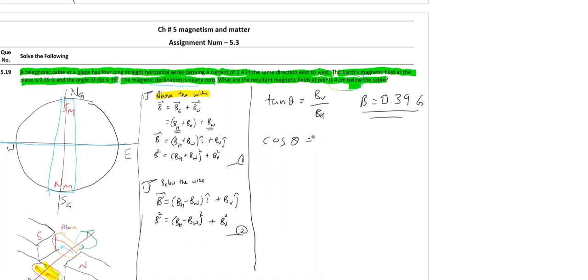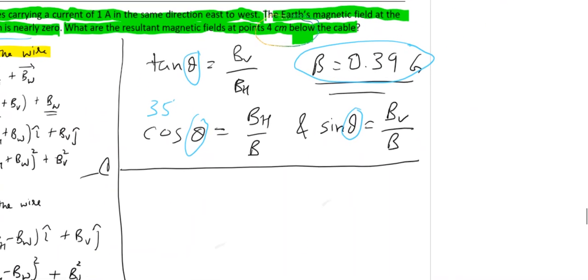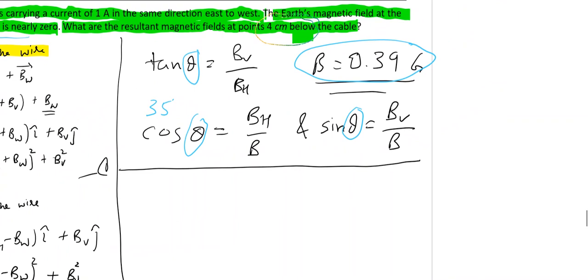Cos theta is BH by B, and you can also take sin theta to be BV by B. How much is theta? Theta is 35 degree. So make use of these equations. You have B available, you have angle available 35 degrees, so you should be able to find out BH and BV.